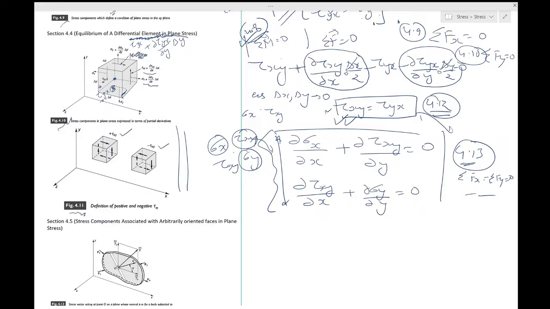Now you want to summarize this, and then you say that equilibrium imposes certain conditions, which are 4.12 and 4.13, on the stress components in plane stress conditions, and you want to extend it to 3 dimensions.